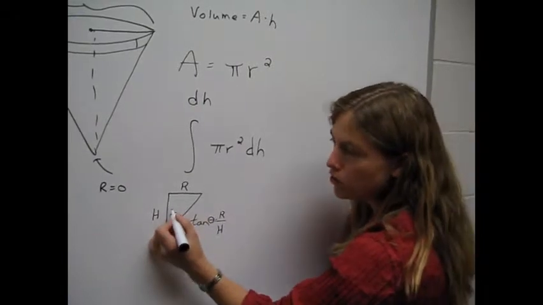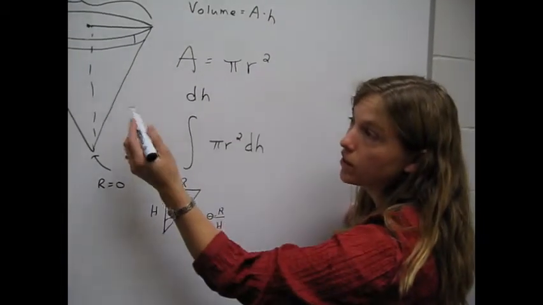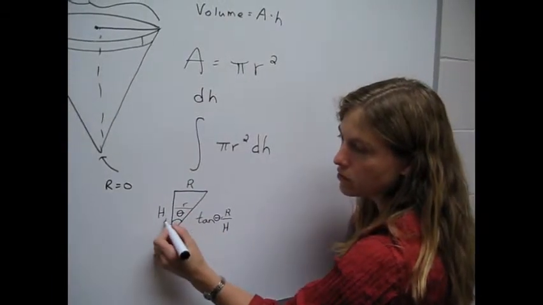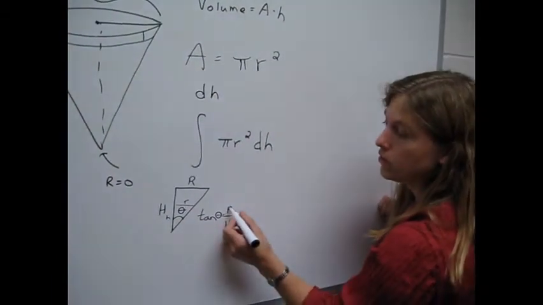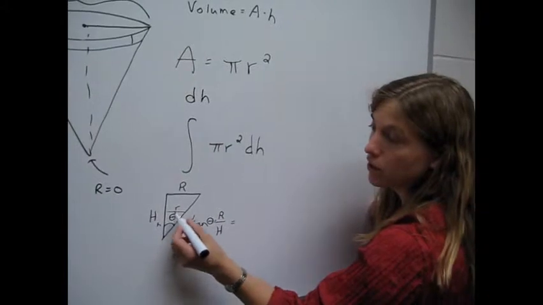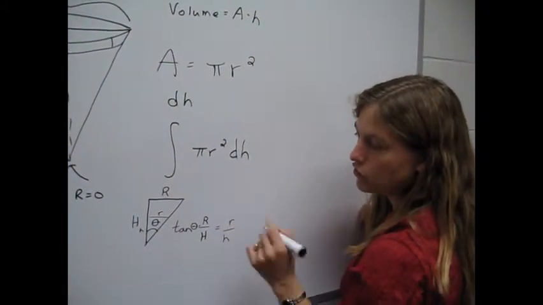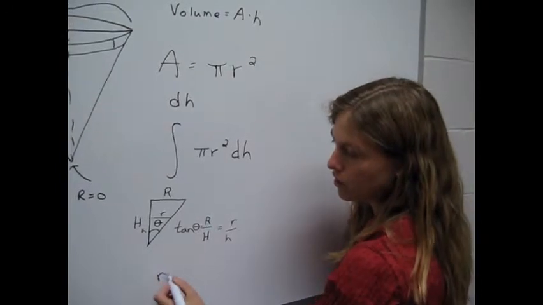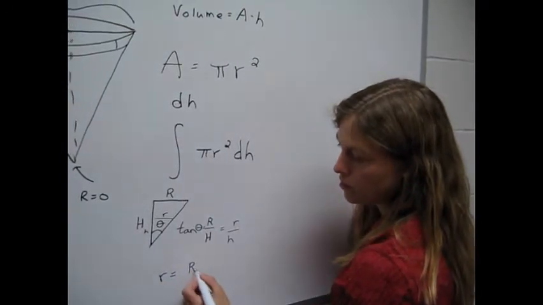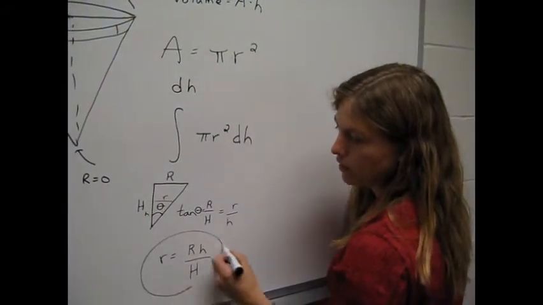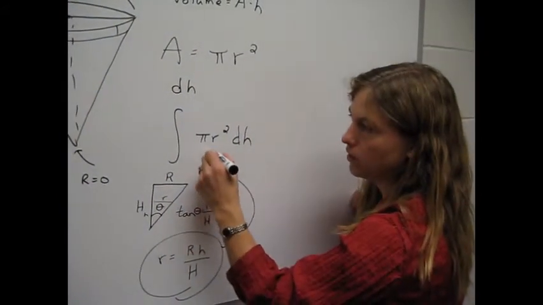Well, if I consider a smaller triangle right here, part of the way down the cone, this would be little r, and this I can call little h. So the tangent of theta is also little r over little h. I can solve for r, and I will get r equals big R times h over big H. And I take this and plug it in right here.